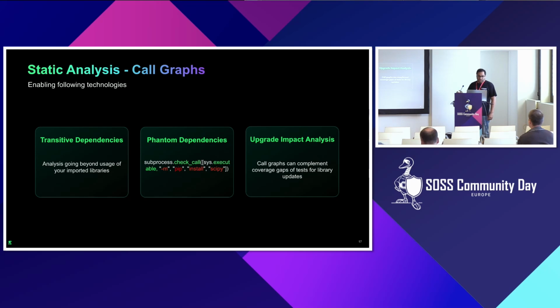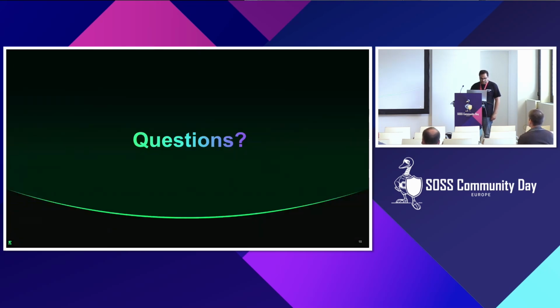Lastly, we can take advantage of static analysis to do upgrade impact analysis, where we see what changed from one version of a library to another, and whether these have an impact on the code we use, as a complement to tests. That's more or less my presentation. Happy to take any questions.